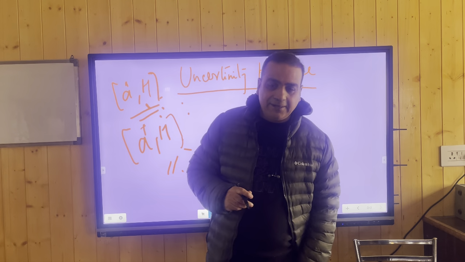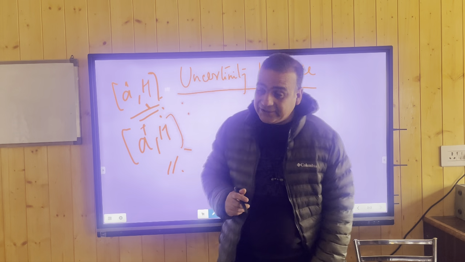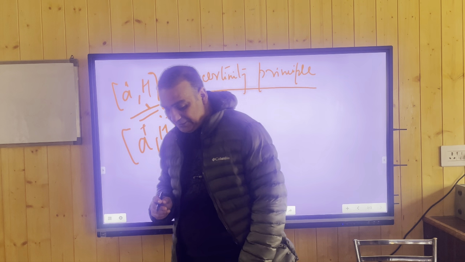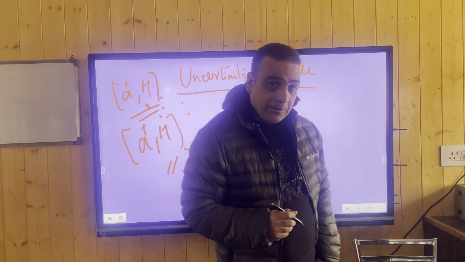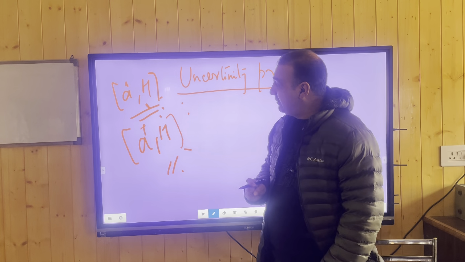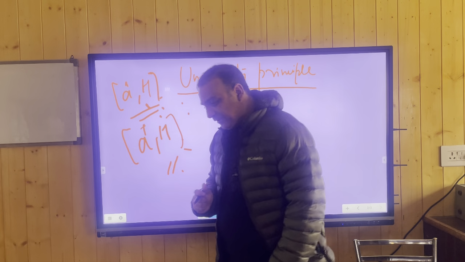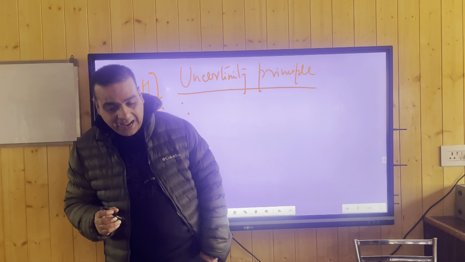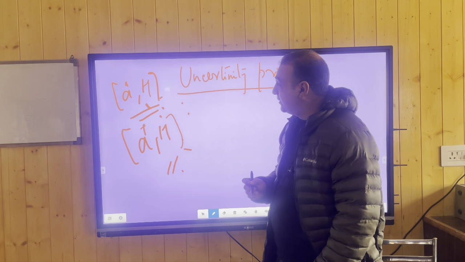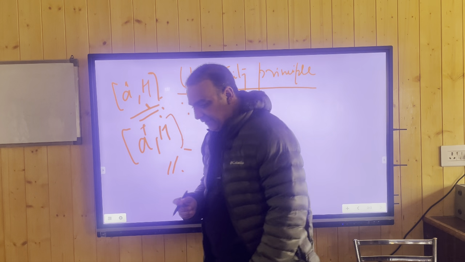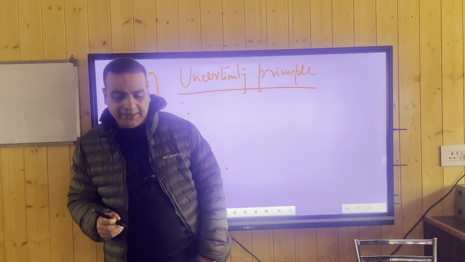Now, today's target is that we would like to go with the same formalism that we have for a harmonic oscillator problem, and we would like to devise the uncertainty relation from the framework of these creation and annihilation operators.